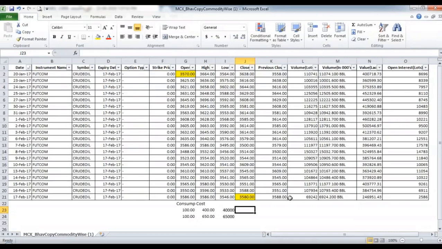What they will do is, they know they are going to consume this many barrels or this many liters or whatever quantity of fuel. They are anyways going to use it. So whatever is their usage or consumption, they will try to hedge it.